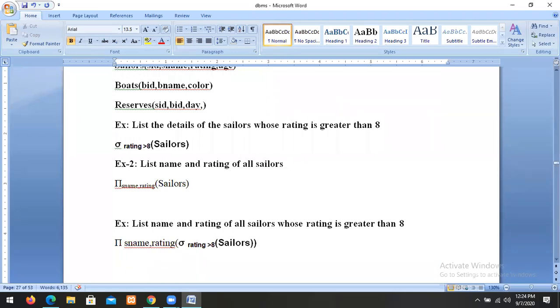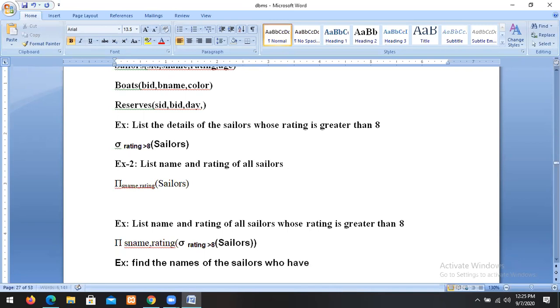For example, if the question is like this: find the names of the sellers who have reserved both boat 1 or 3.